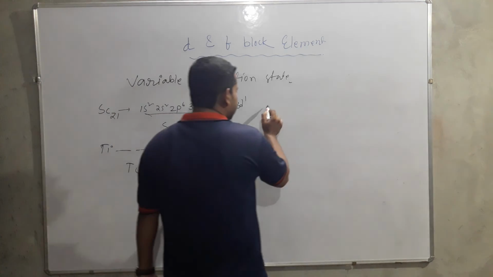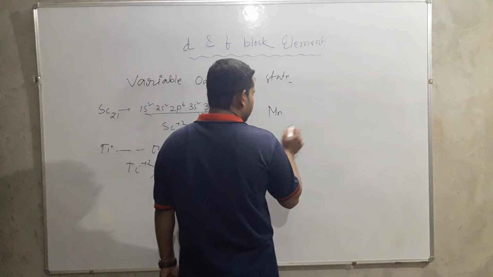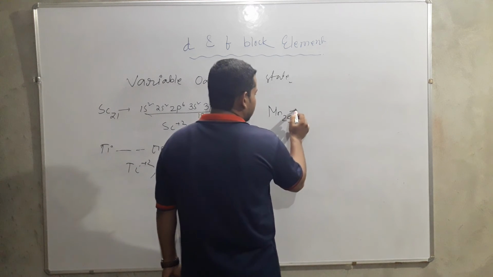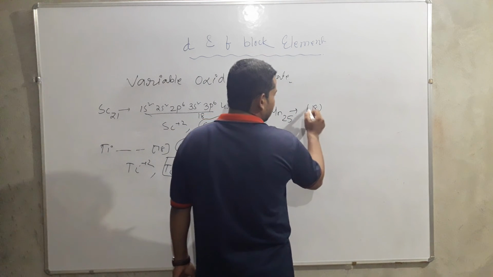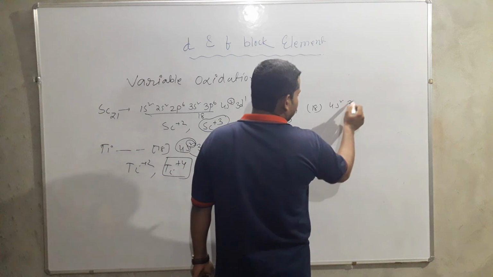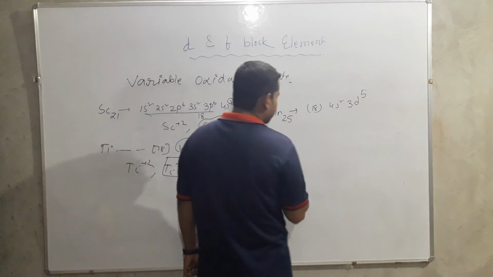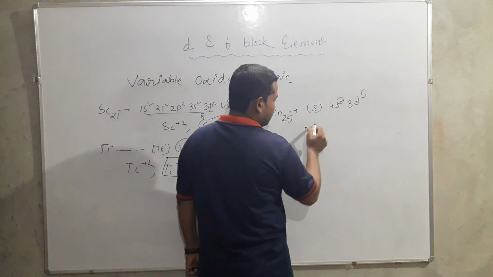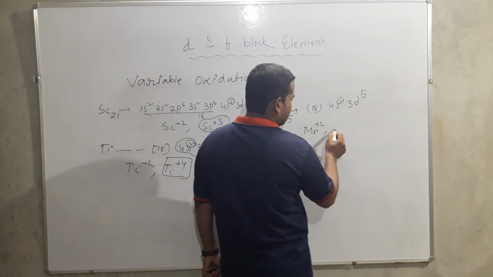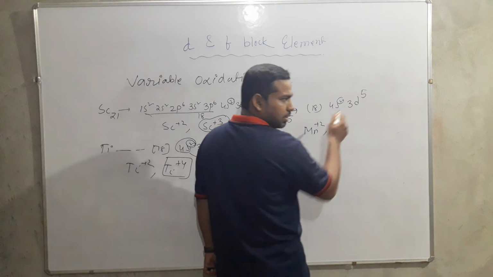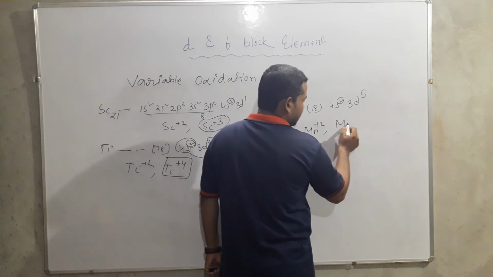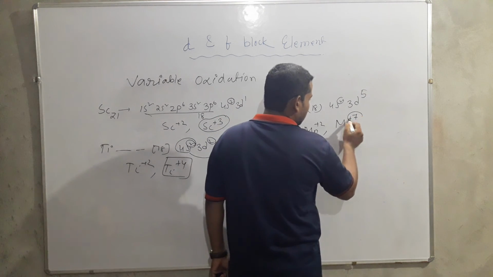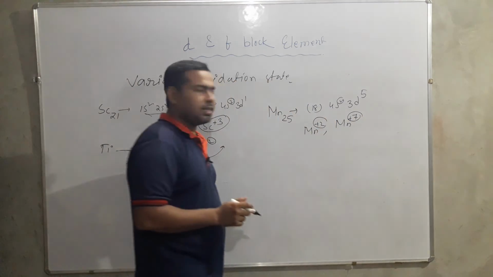Another example, manganese. This one is 25, that is 18, 4s2, 3d5. First manganese loses 2 electrons, so this one is plus 2. After that manganese also loses 5 electrons, 2 plus 5, that is plus 7. Manganese shows plus 7. So these are the two stable configurations. Clear?